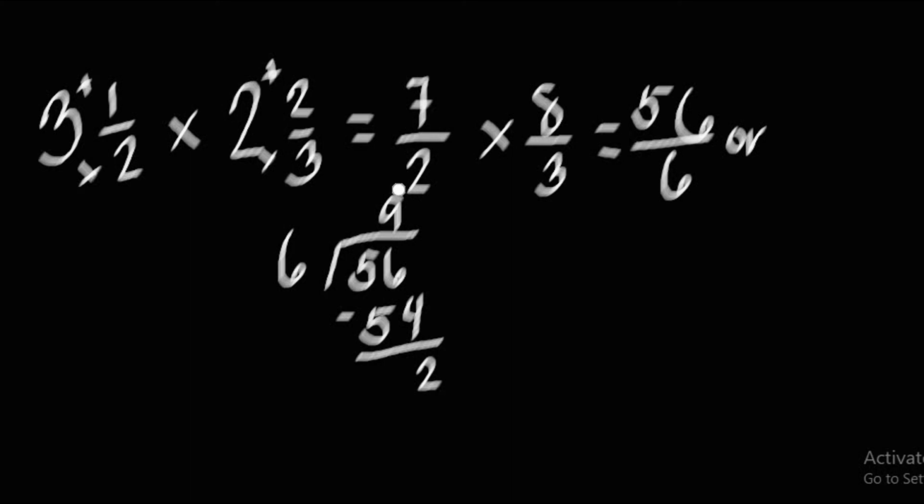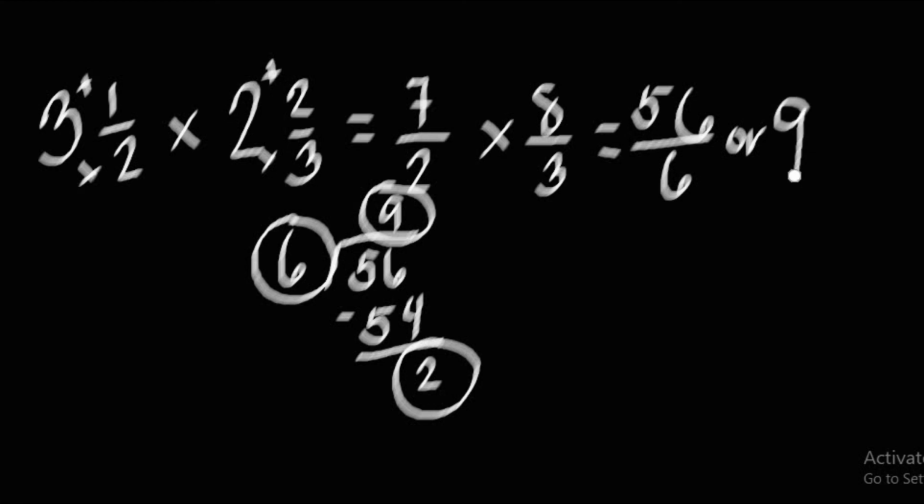Take note again of these three significant numbers: 9, 6, and 2. Our quotient would be our whole number to our answer, and the remainder 2 would be our numerator over our divisor 6 as our denominator.